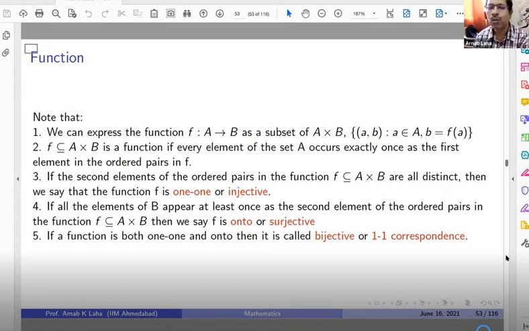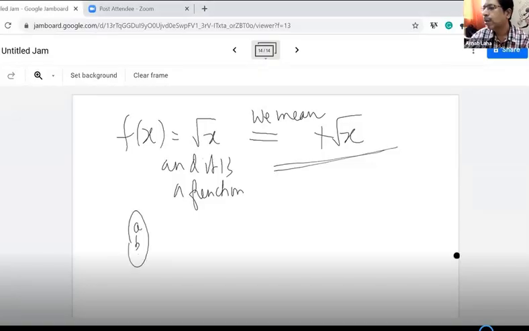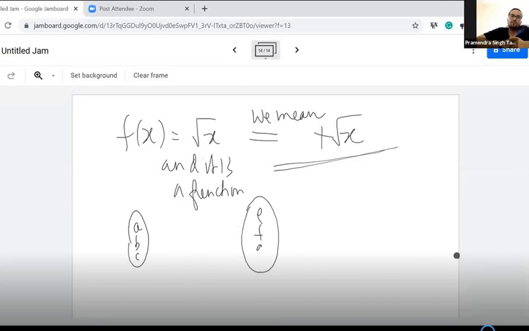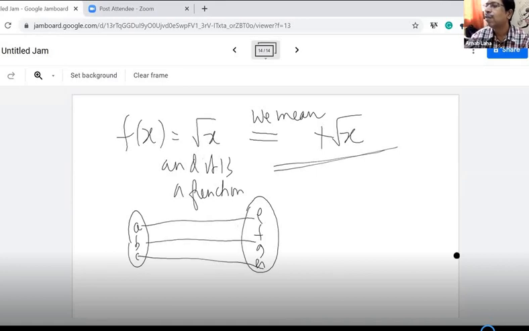Now, there are three basic kinds of functions which are very important in math. One is known as a one-one function. A one-one function means that two different points are mapped to two different elements. So if you are looking at A, B, C and E, F, G, H, and you have a relationship like this, it is a one-to-one function.